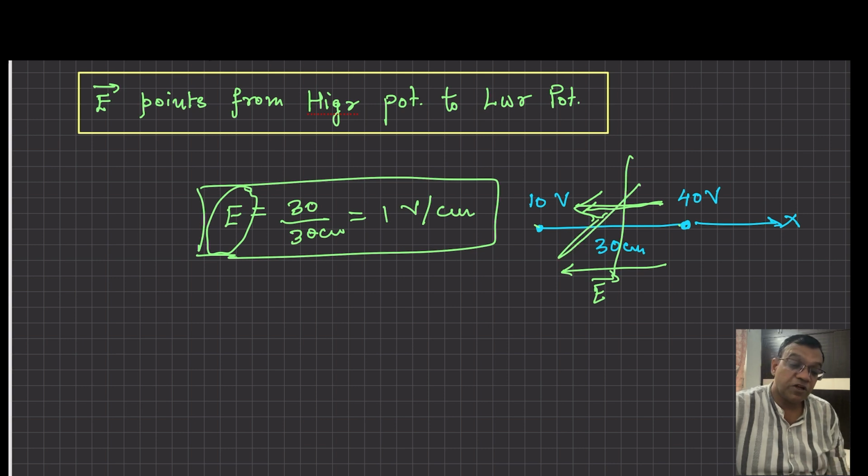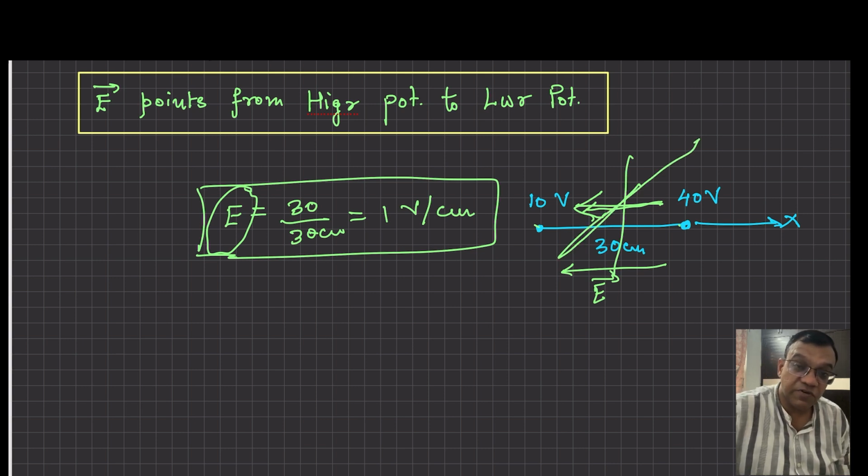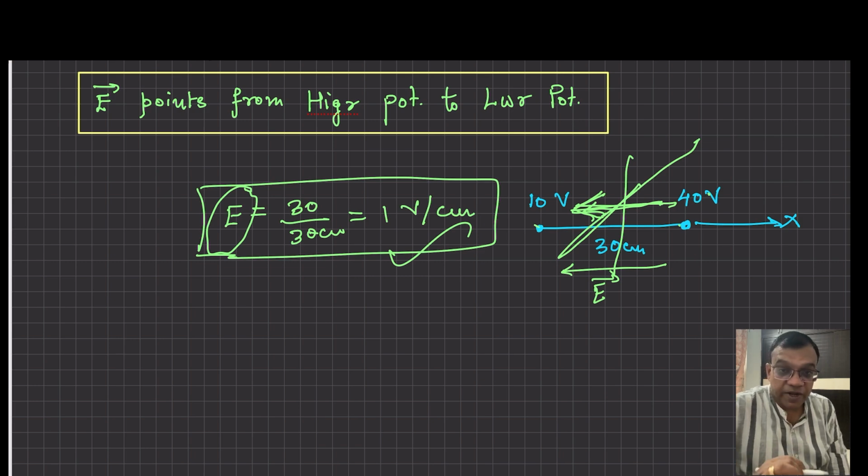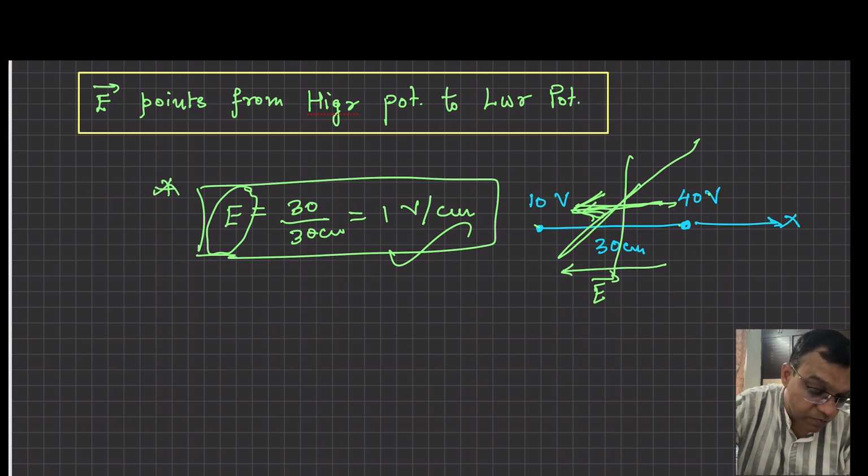No information about the y and z axis is given, so there we can't say what the electric field is, but we can say with surety that electric field along the x-axis is going to be 1 volt per centimeter towards the negative x-axis. So it is a very important point.